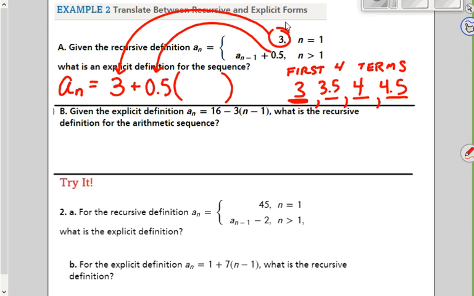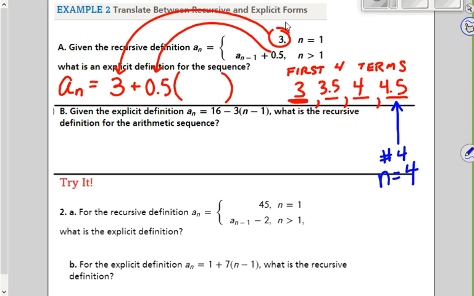All right? For example, let's pretend we were trying to get to term number 4. N would be 4. Well, how many jumps or how many additions of 0.5 would it take to get there? If I want term number 4, I need to add 0.5 3 times.